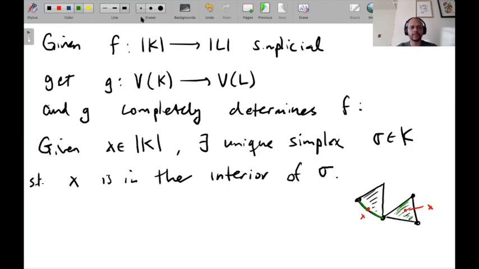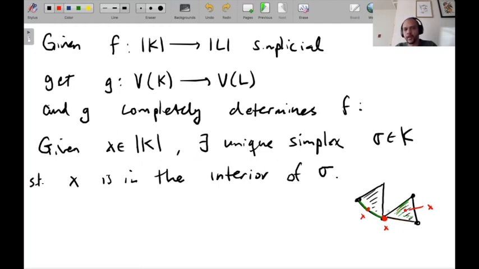Okay, x might be contained in many simplices. You could also choose x like this. It's in this edge, and this triangle, and same for all of these edges and this triangle.